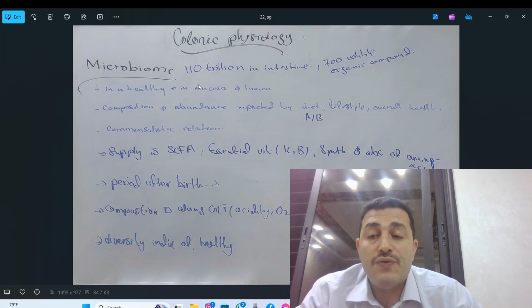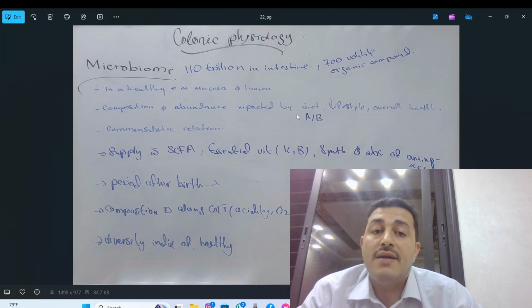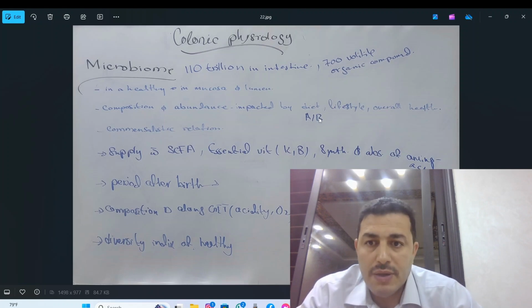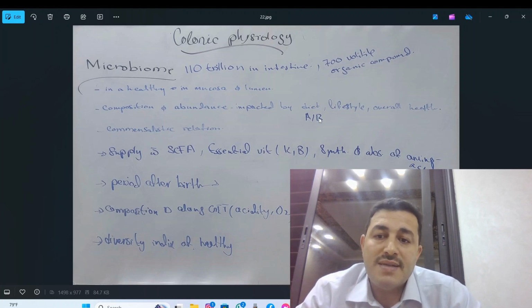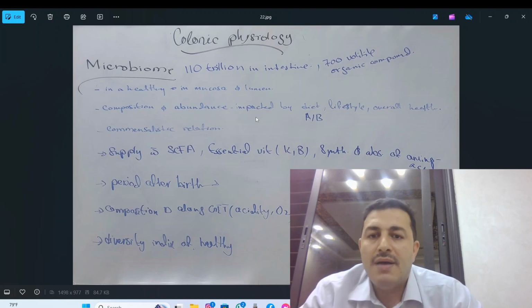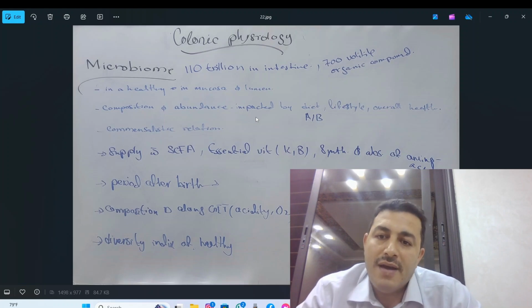The composition and variety of these bacteria depend on diet, lifestyle, and usage of antibiotics. Of course, we have a commensal relationship. We depend on them for certain functions, and bacteria also cannot live without us.